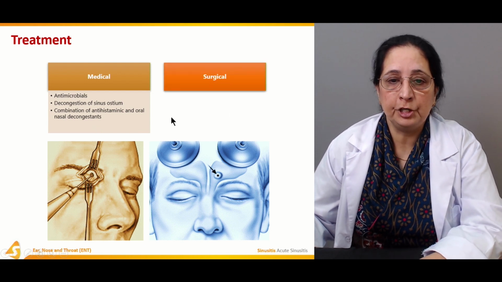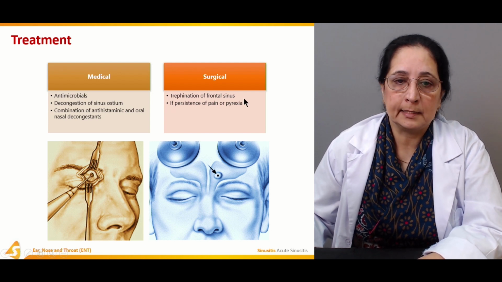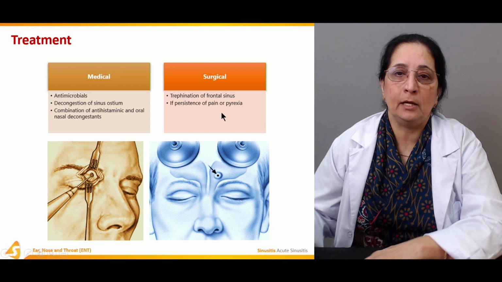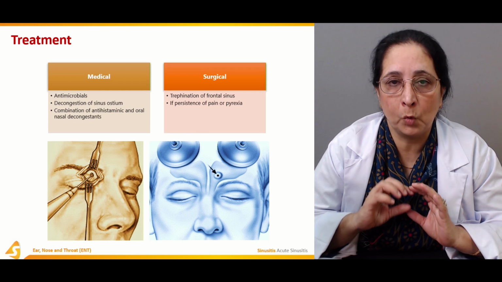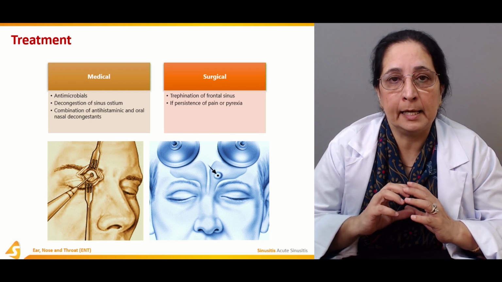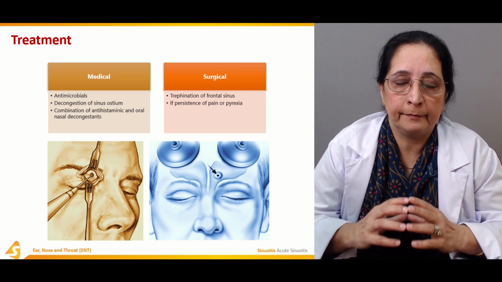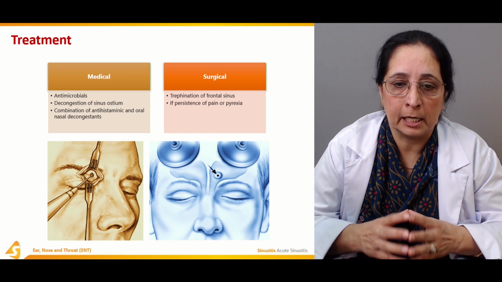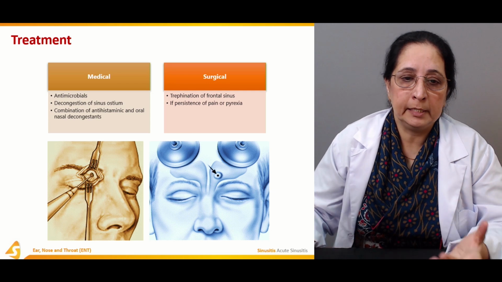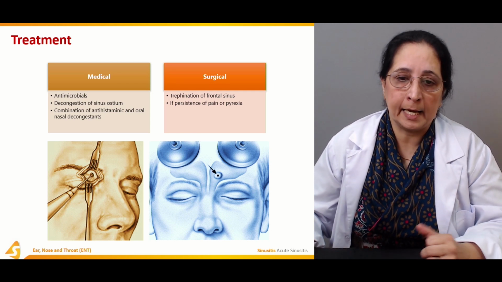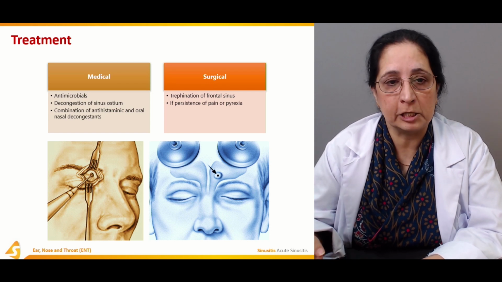And then we have surgical treatment, which includes trephination of the frontal sinus if there is persistence of pain or pyrexia, in which a hole is made in the bone of the skull, and then drainage can be done. So that's the trephination of frontal sinus. It can be treated both medically and surgically if the condition persists and causes complications.